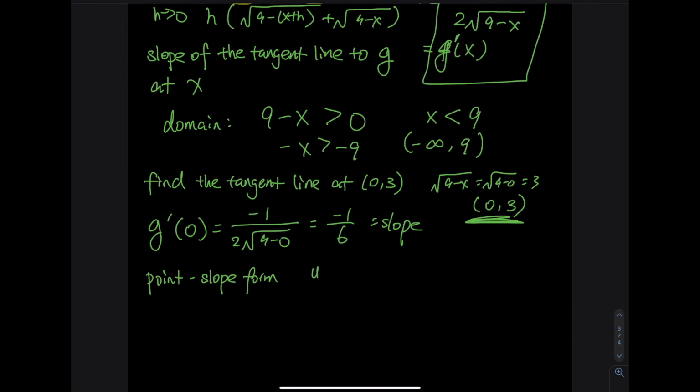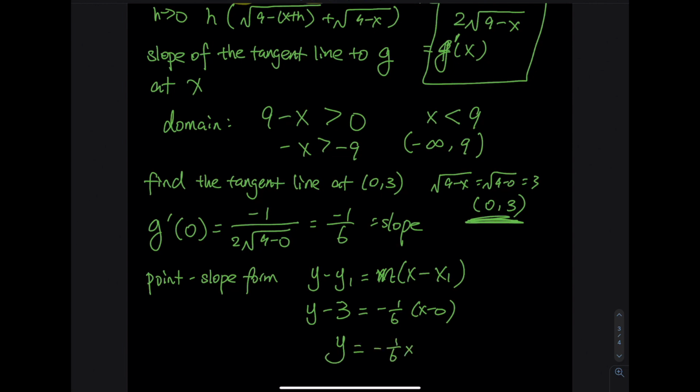So which is y minus y1 equals m times x minus x1. So you have y minus 3 equals -1 over 6 times x minus 0. So overall you have y equals -1 over 6x plus 3. This has a name.